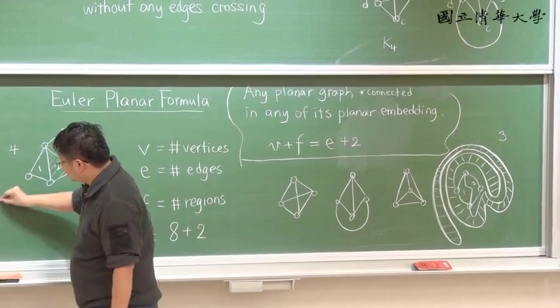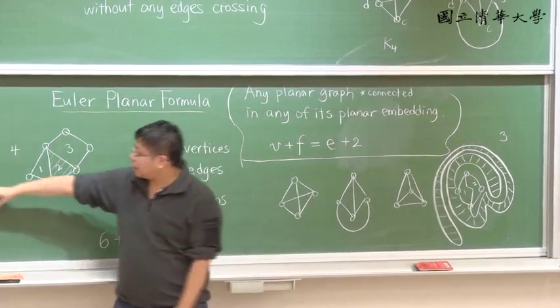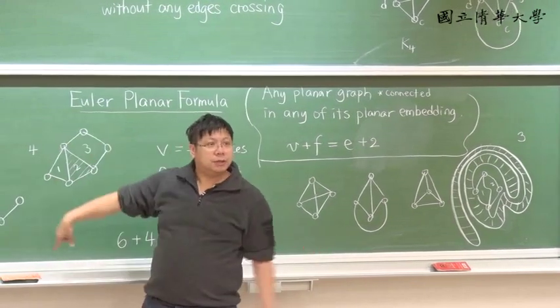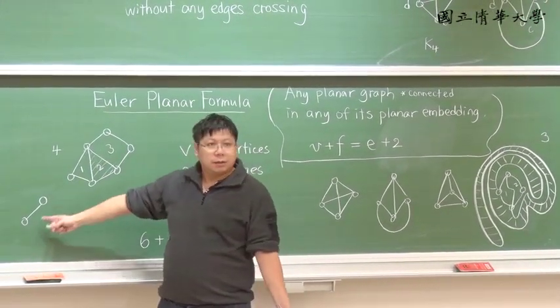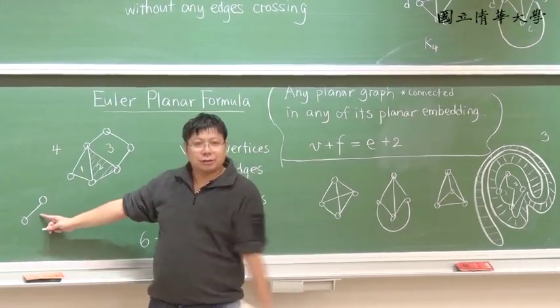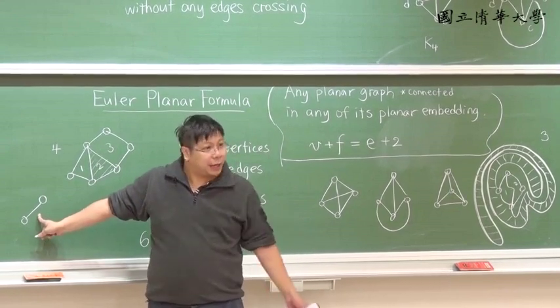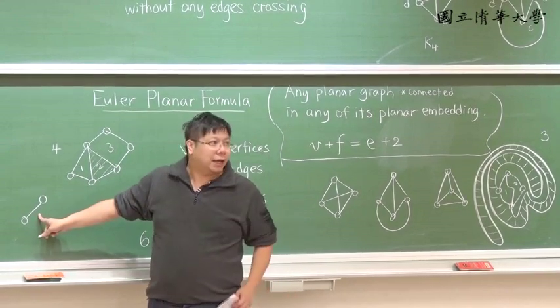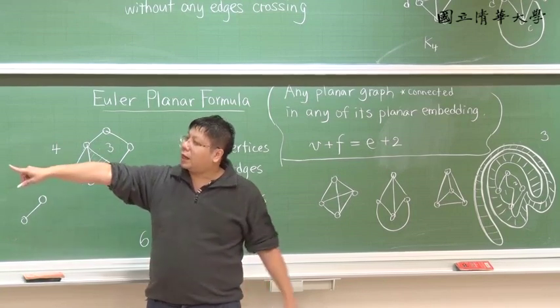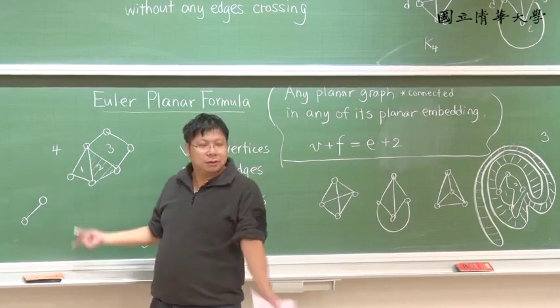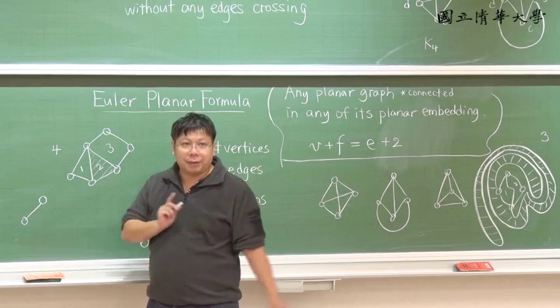For instance, you look at the outer region. Well, it just has 1 edge. It's not okay. Well, we rely that V is greater than or equal to 3, so this case doesn't happen.